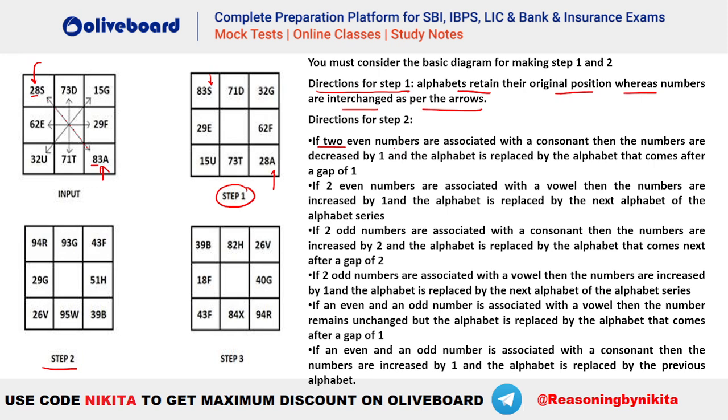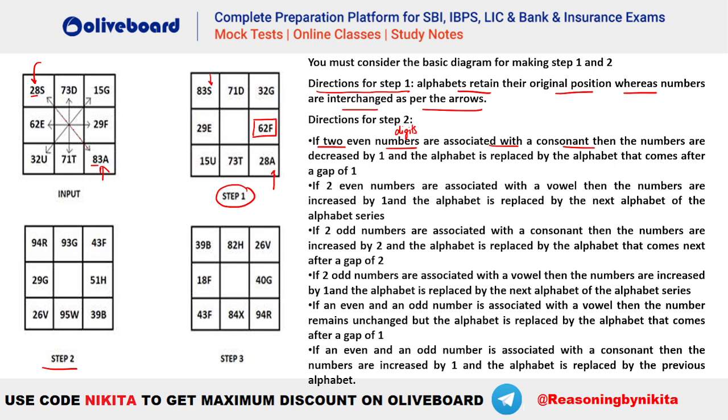Let's see. If two even numbers are associated with a consonant, even numbers means it should be even digits, okay? So if both the digits are even in here, that is if two even digits are associated with a consonant, like let's say if we talk about this one, do we have two even digits with a consonant? You can see we are talking about 62F here, okay? So 62, 6 is even and similarly 2 is also even.